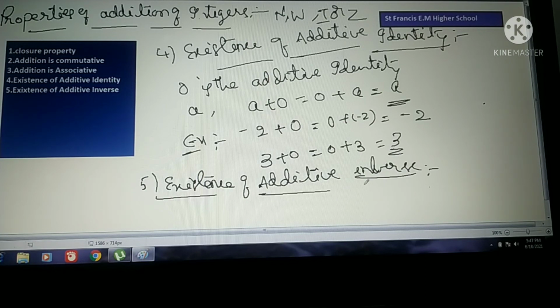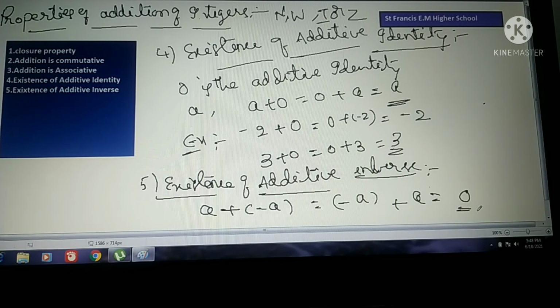Existence of additive inverse. What is the meaning of this one? That means, for every integer a, if you add to this one minus a, additive inverse, I have explained before, right? While explaining subtraction, additive inverse of a will be minus a. Or if you add minus a plus a, you will get 0. Right? And a, minus a are called the additive inverse of each other.